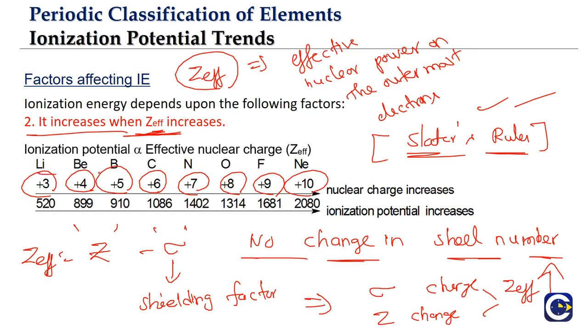Z value is also increasing, but Z effective increases across a period. Since the effective nuclear charge increases and no more shells are added, the outermost electrons come under more influence of the nucleus, which means it becomes difficult for their removal.